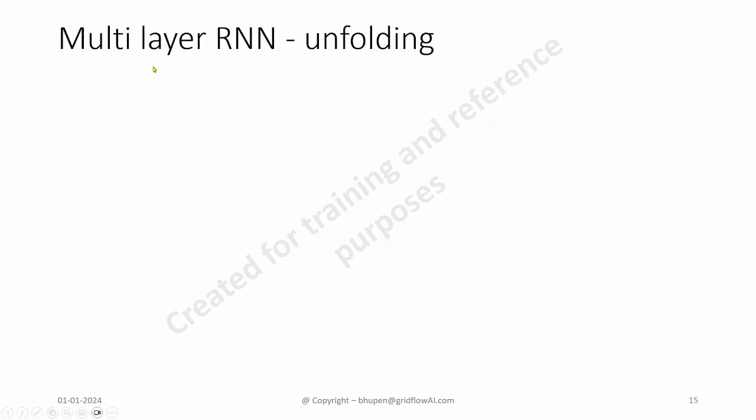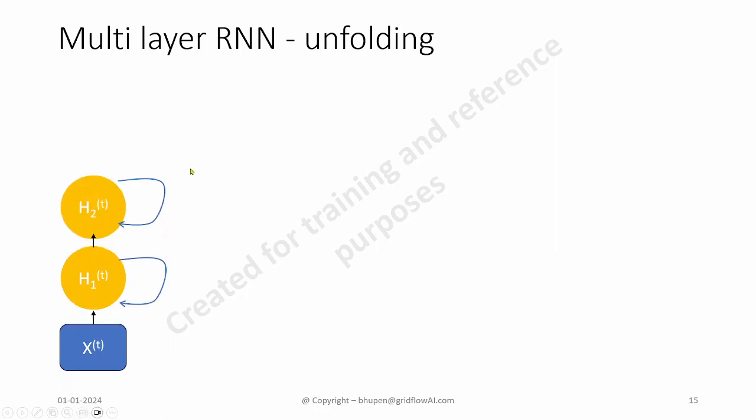Now another flavor, multi-layer RNN, pretty much similar. You have the input and the hidden computation. You have one more hidden computation here. So that's one more, and then output. So this is called multi-layer. So you could stack as many hidden layers as you want.